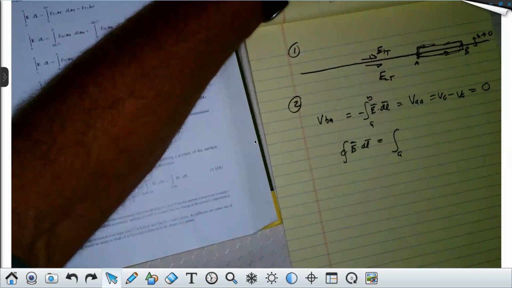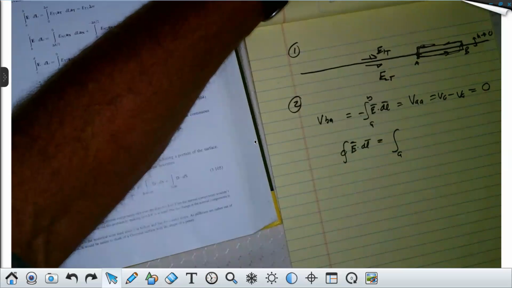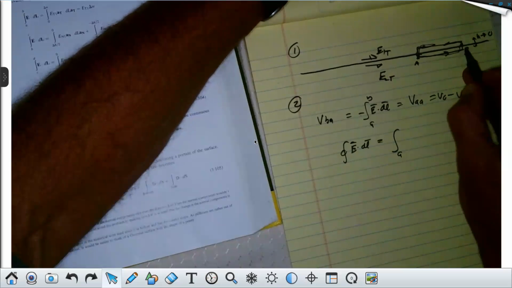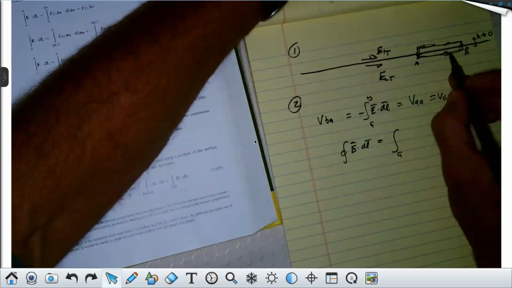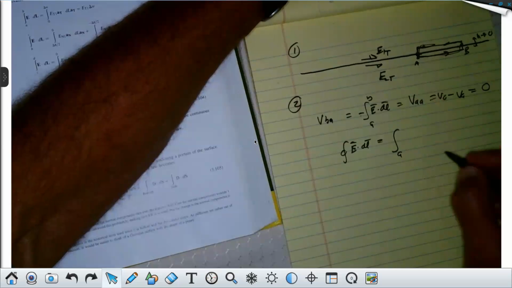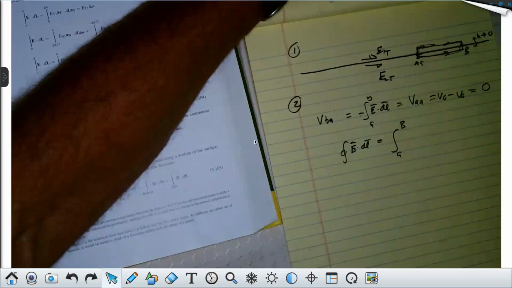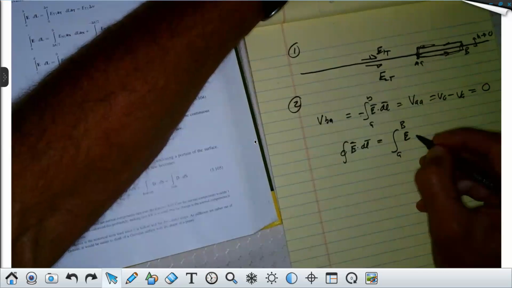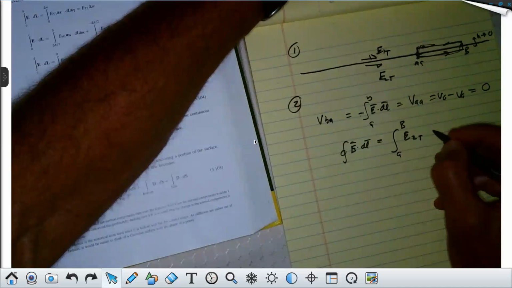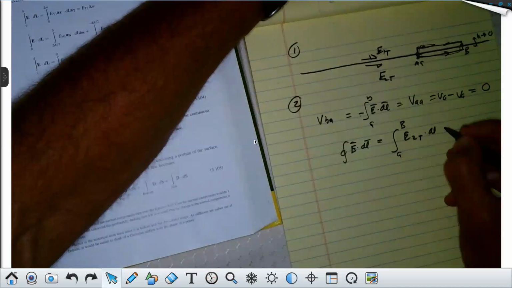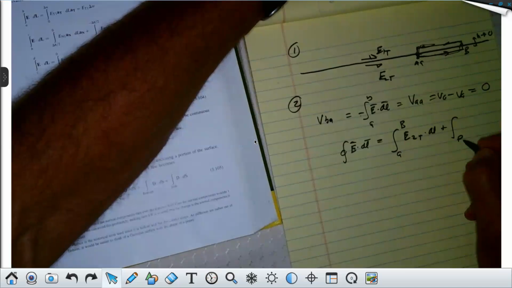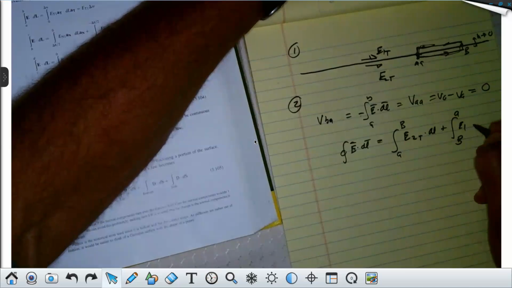So it's basically a very thin region, with very little spatial difference, where I'm in region 2 here and then region 1 here. So if I have the integral from A to B of E2 tangent dot dl, plus the integral from B to A of E1 tangent dot dl, I have to get 0.